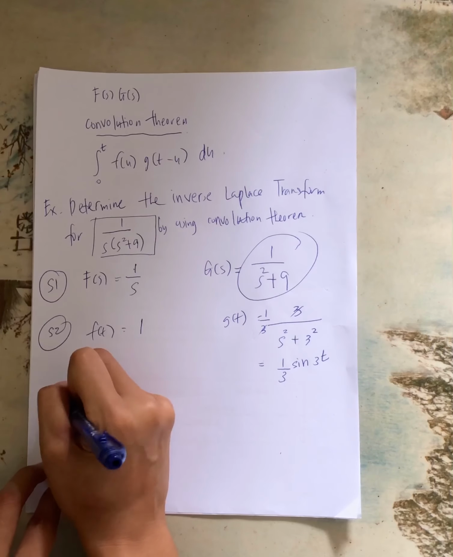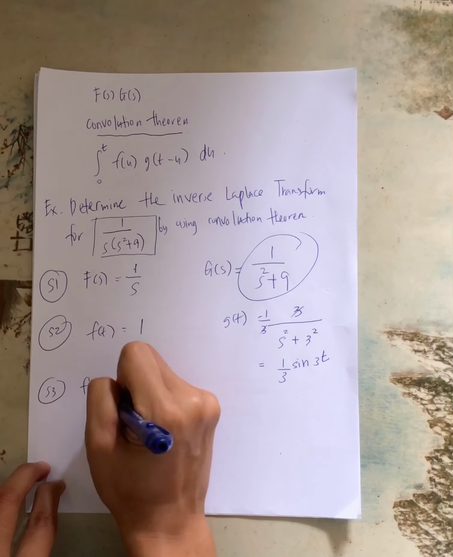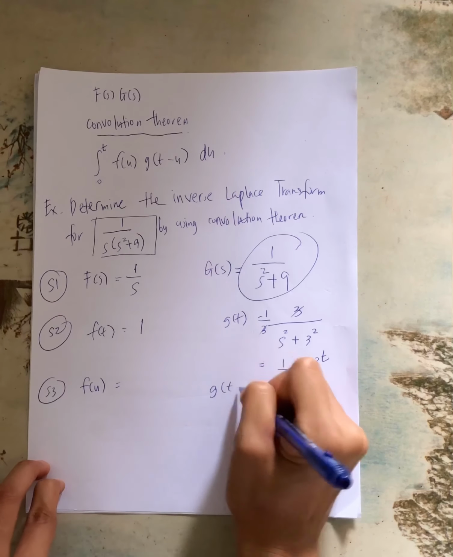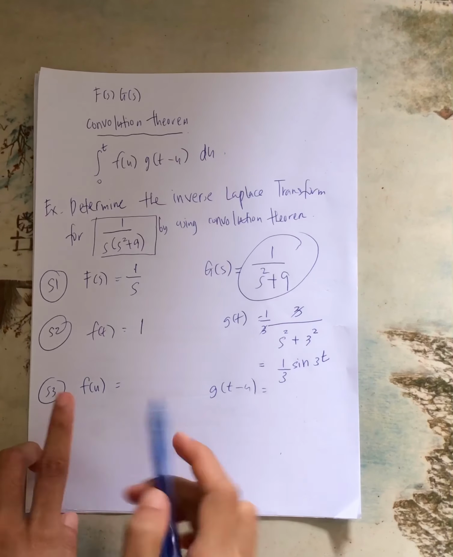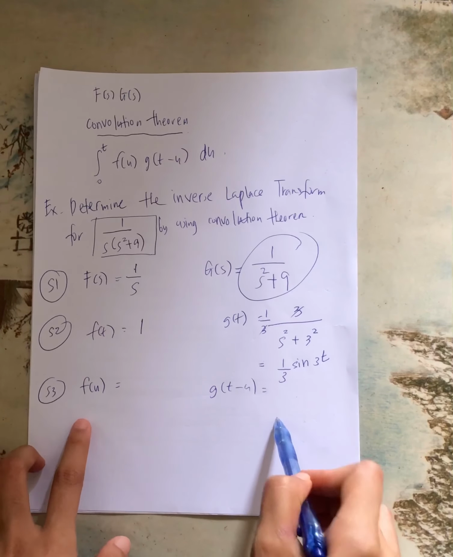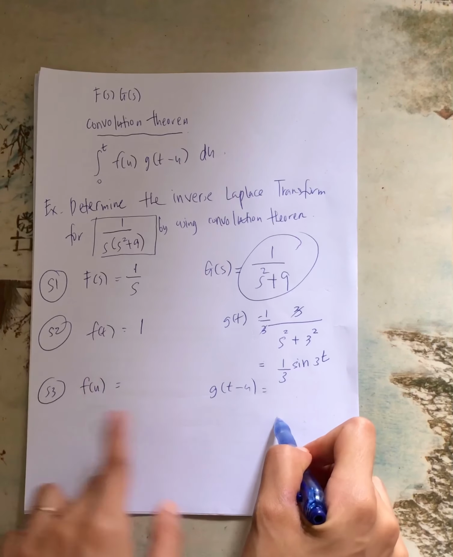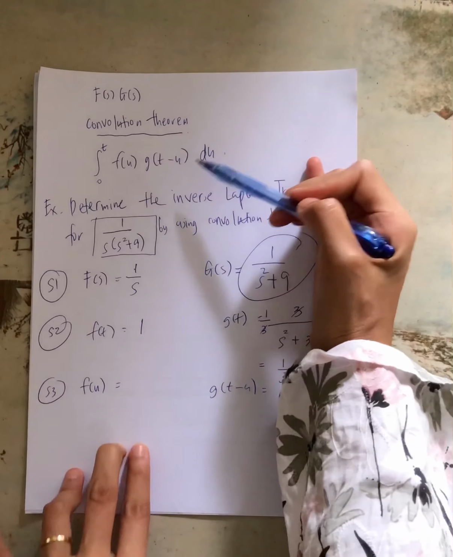Step number 3 is to determine f(u) and g(t minus u). These two refer to your formula.